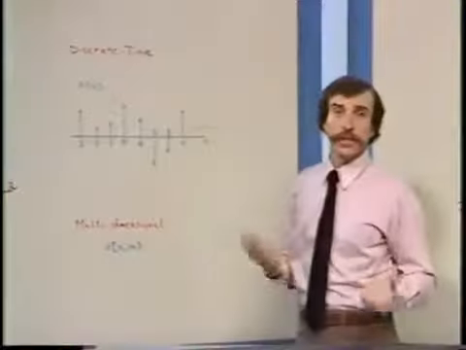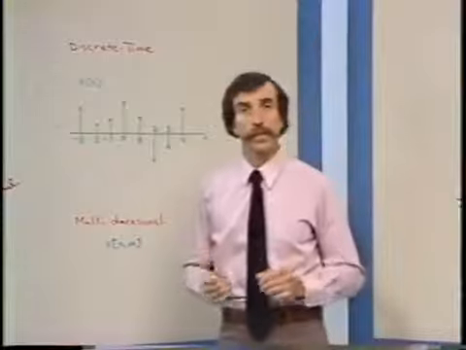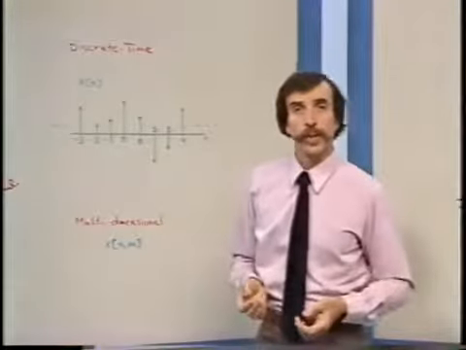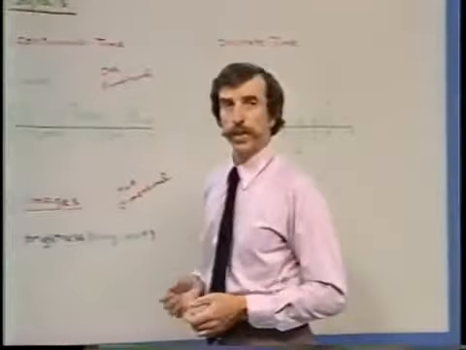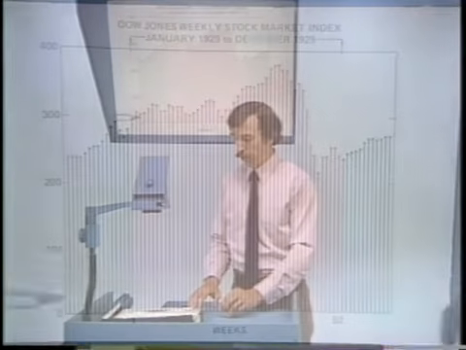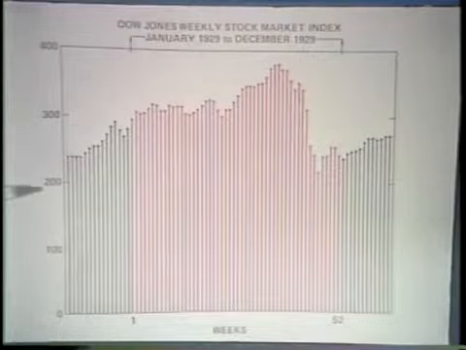And discrete time signals arise in a variety of ways. One very common example that is seen fairly often is discrete time signals in the context of economic time series and, for example, stock market analysis. So what I show here is one very commonly occurring example of a discrete time signal.